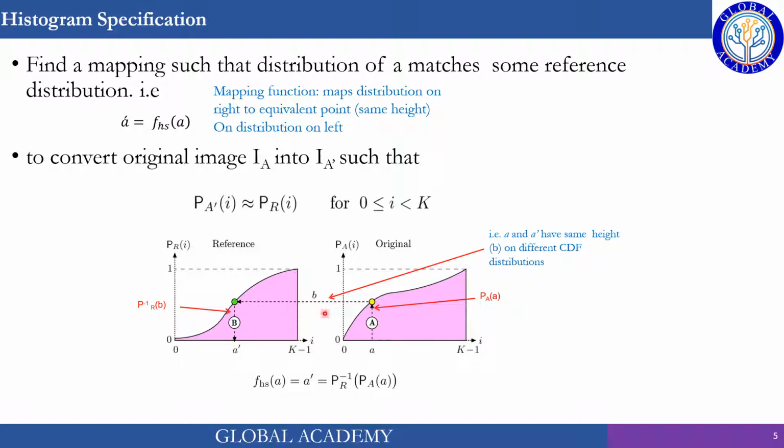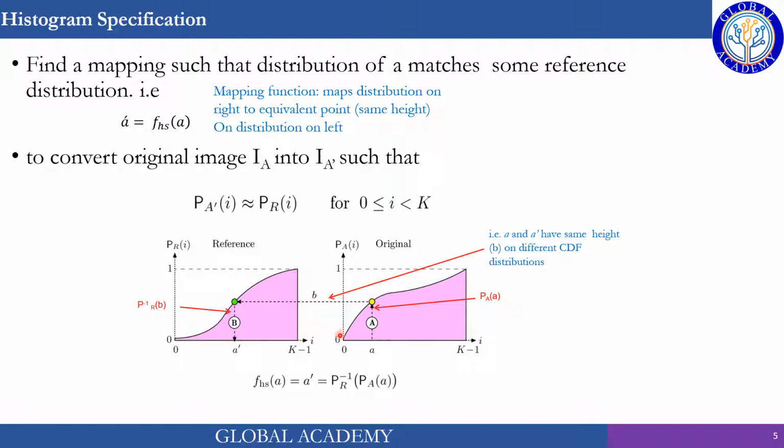And then we can read a pixel from the input image, say its intensity is A, and we can map it using this cumulative distribution as a lookup table to some value, say B, and then this B can be inversely mapped from this lookup table to some gray level A prime.